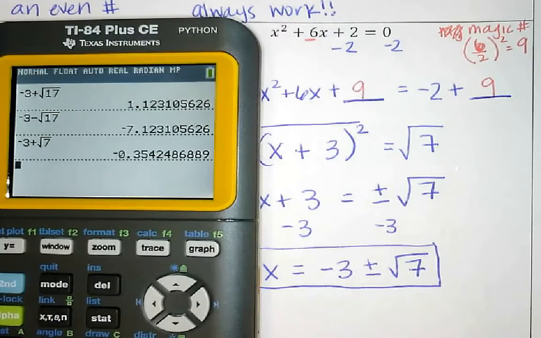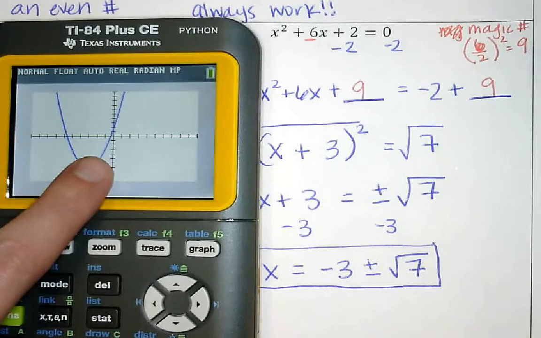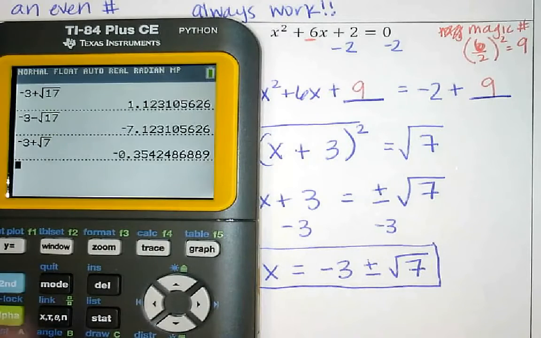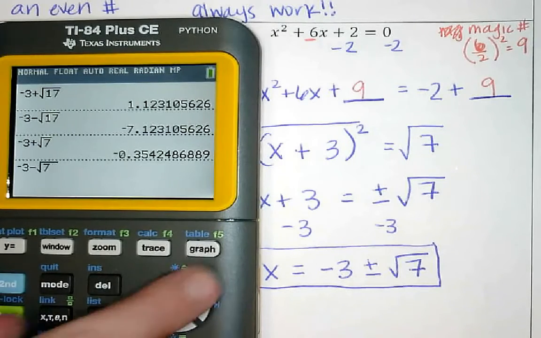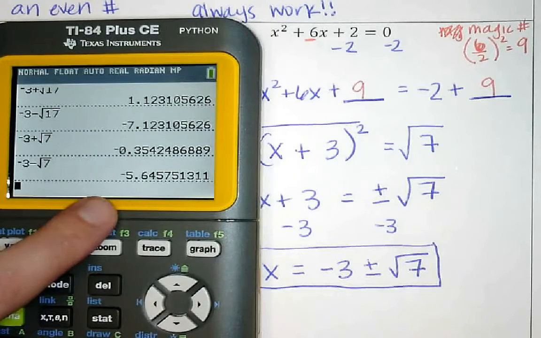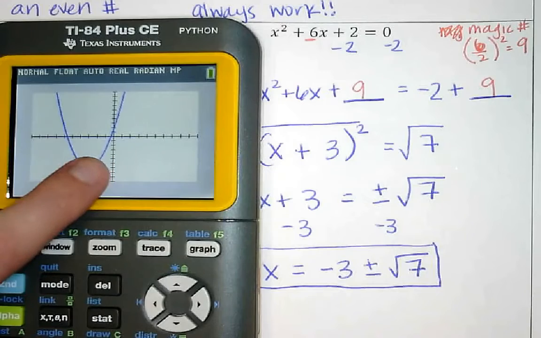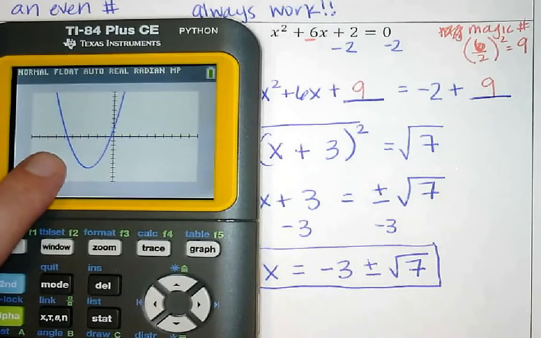All right, that looks pretty good. That's that little first zero. And then I'm going to go again, negative 3 minus the square root of 7. Let's see. Ooh, that gives us negative 5.6. I'm going to go to my graph. 1, 2, 3, 4, 5. Yeah, negative 5.6 would be my other zero. Does that kind of make sense, guys? Are you guys tracking me on that?